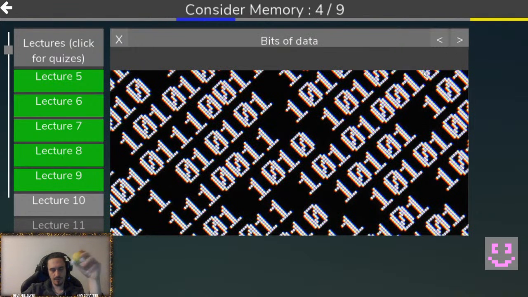So, bits of data. You can consider that everything we want to learn, so many things about life around us, are individual pieces of information, right? We can think about the color of things, the shape of things, the size of things, the weight of things, various chemical processes, the history of things. Every single sentence, every single bit of data, every bullet point that you might consider is data, and there's tons of data to learn about anything.